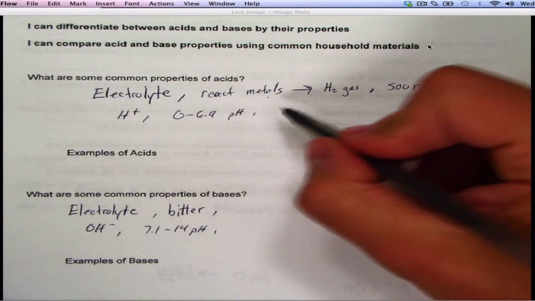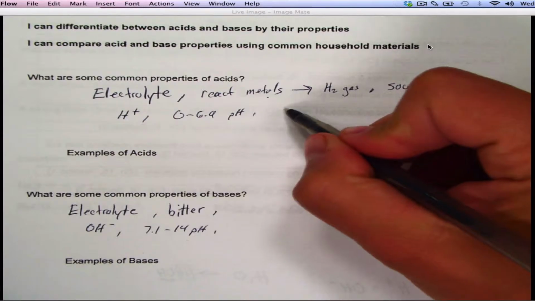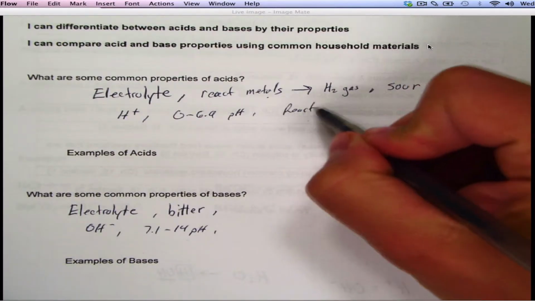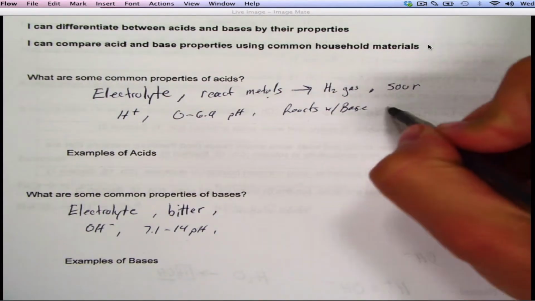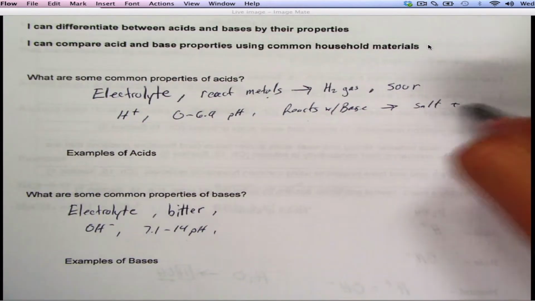When an acid reacts with a base, it forms some type of salt and water.